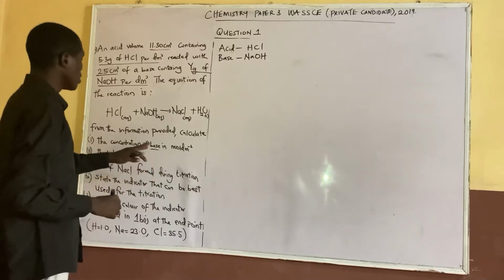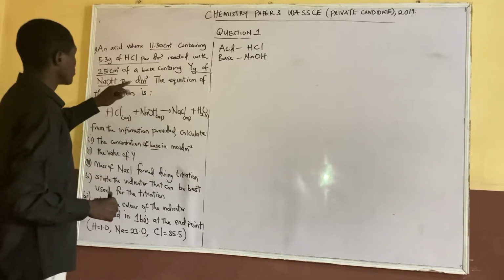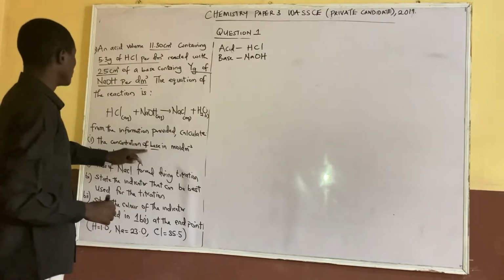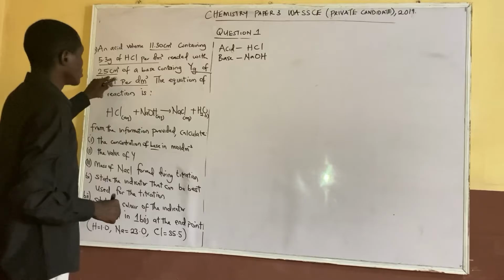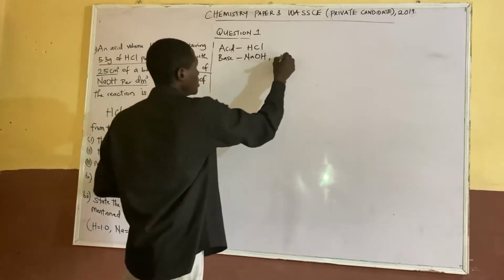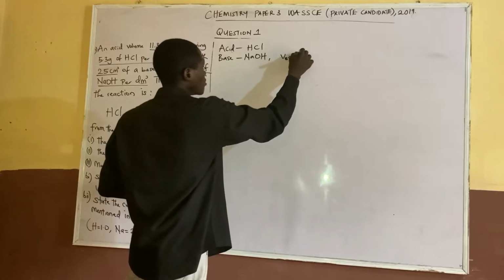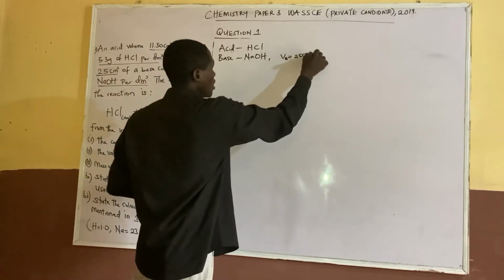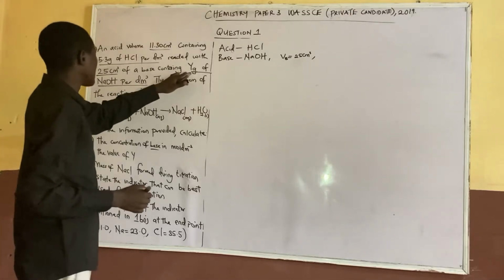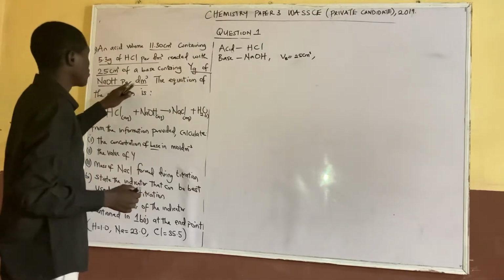What are the parameters given to us concerning the base? The volume of the base, VB, is given as 25 cm3, and the base contains Y grams of sodium hydroxide per dm3.